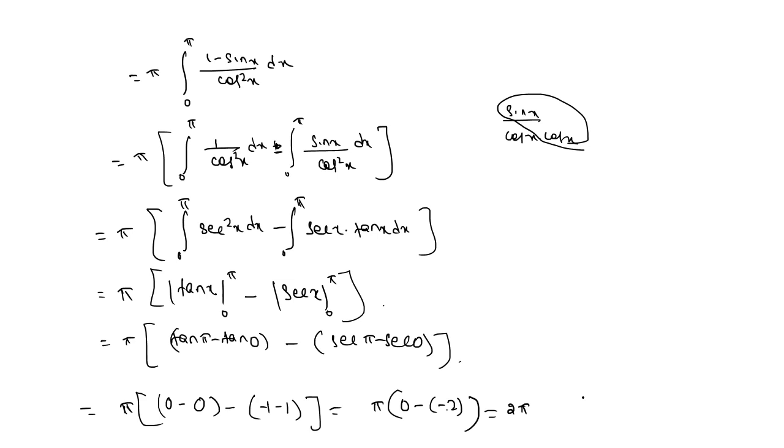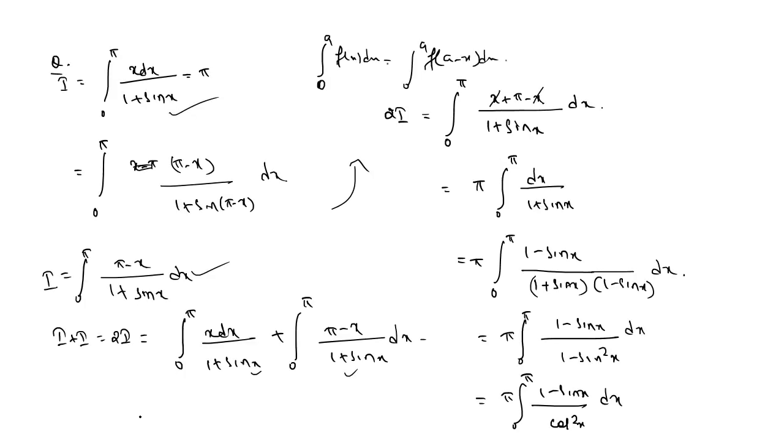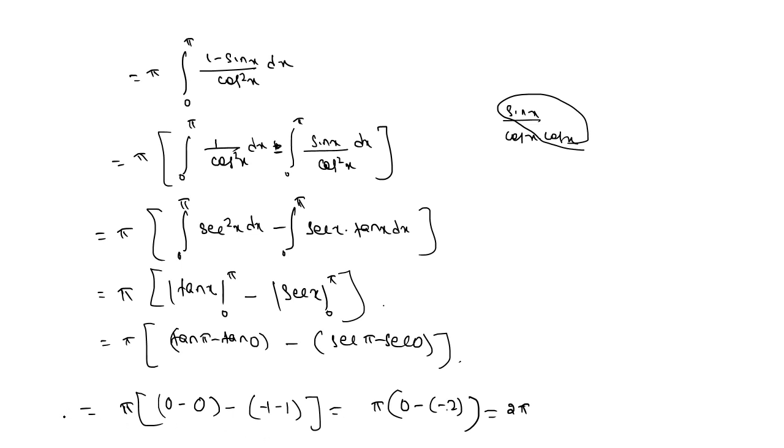Okay, so here the answer is not 2 pi, it is 2I. Yeah? So 2I equals 2 pi. So I equals, 2 and 2 cancel, so the answer is pi. Okay, so your final answer is pi.